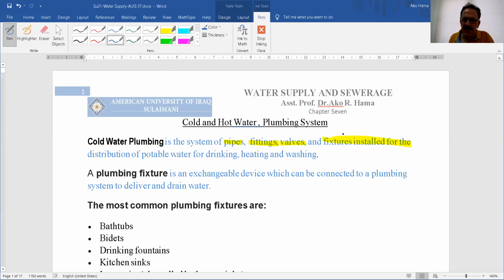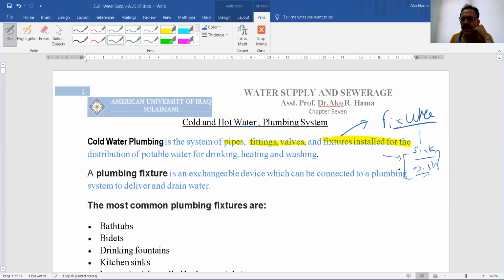What do I mean by fixture? Fixture means that if you have a sink and, let me say, a dishwashing machine, these are two different things, two different machines. We cannot say how much water it will be, because they need it together.